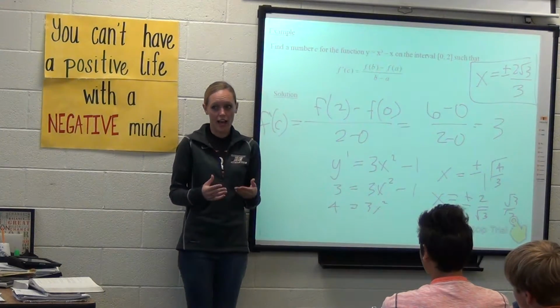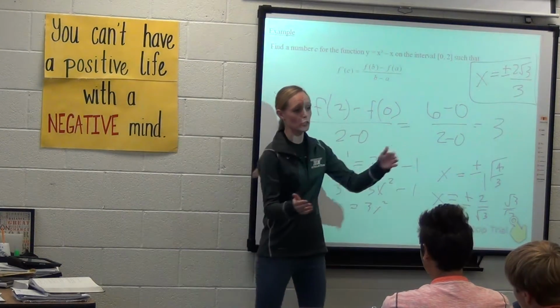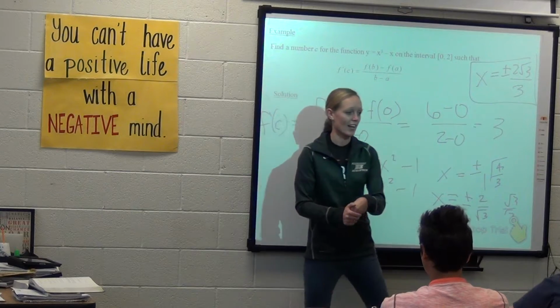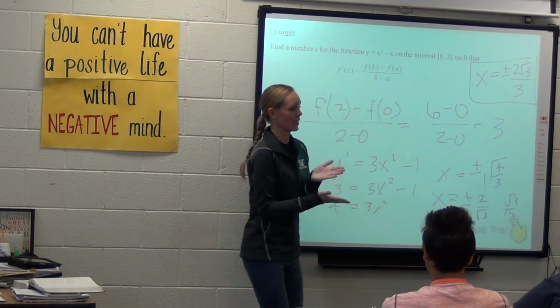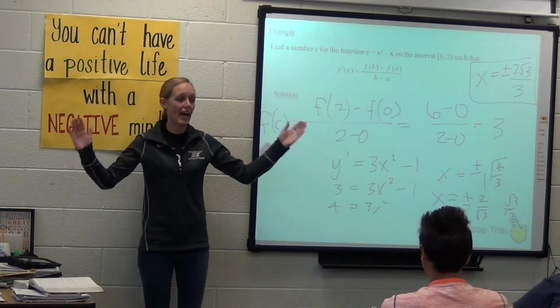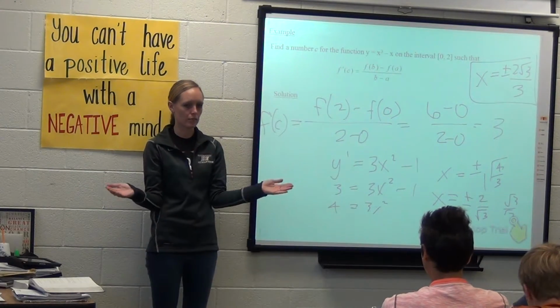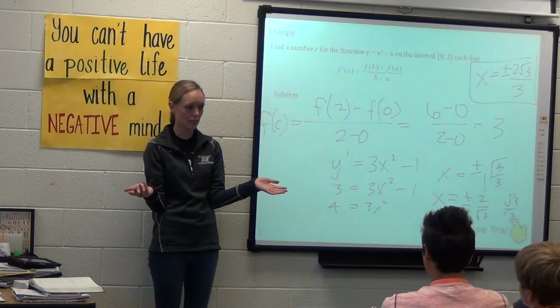I could have driven 80 miles per hour for 3 hours, and 50 miles per hour for another hour, but at some point in there I had to be going 60. Does that make sense?